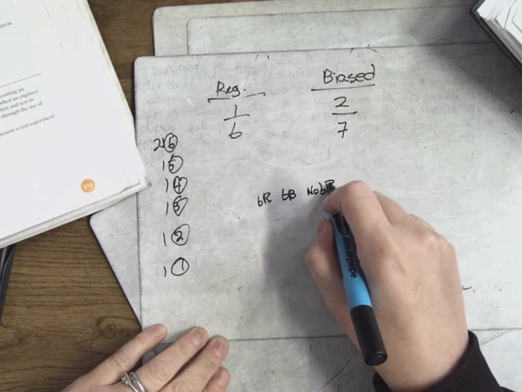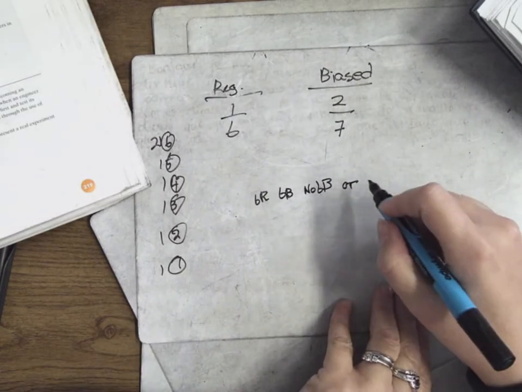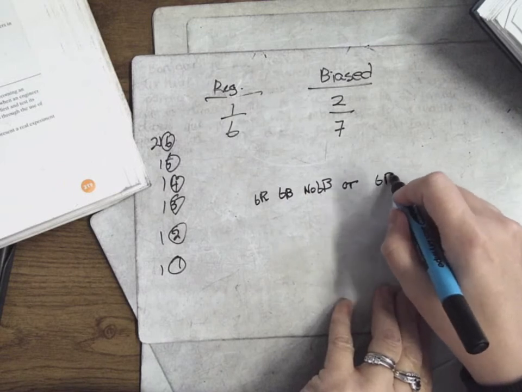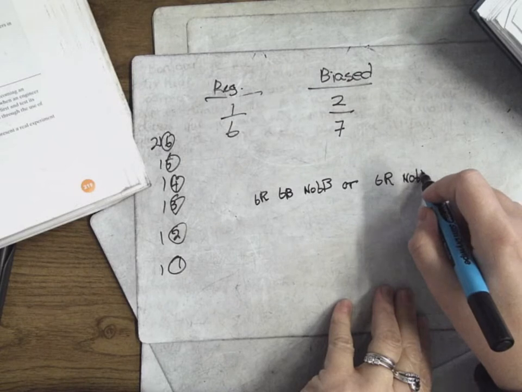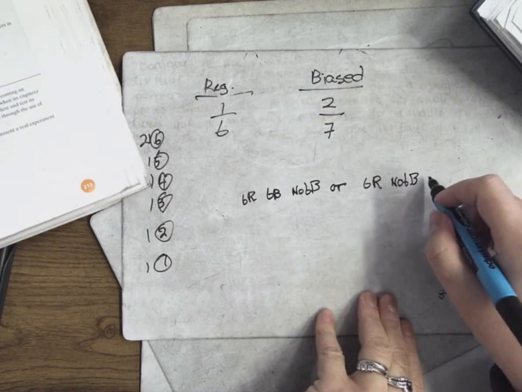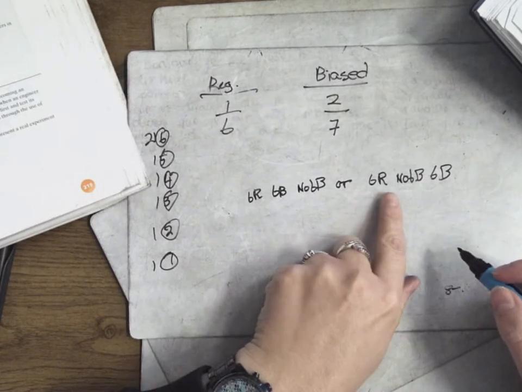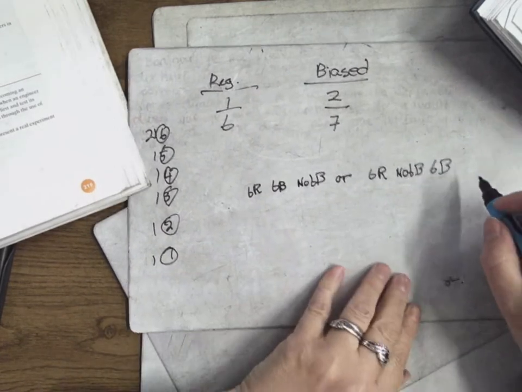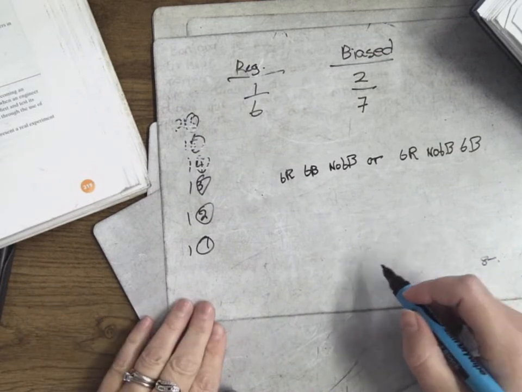Is that right? Or, what could we get? We could get a 6 on the regular, no 6 on the second bias dice, couldn't we? No 6 on the second bias dice, and then a 6 on the last bias dice. Okay? So again, I have 2 6s, right?